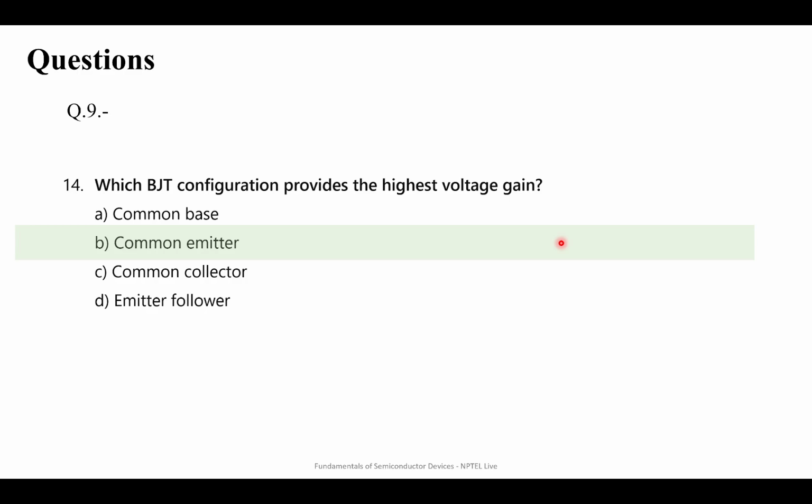That is correct. The answer would be common emitter. In common emitter mode, you connect your emitter to your base as well as your collector terminal, and so the emitter can give electrons to both your base and your collector.